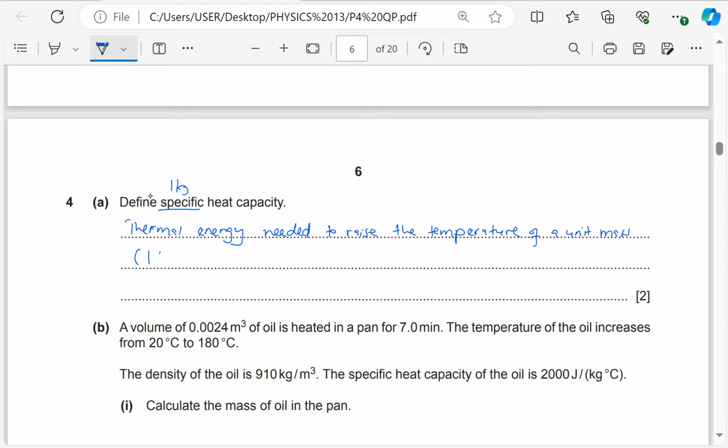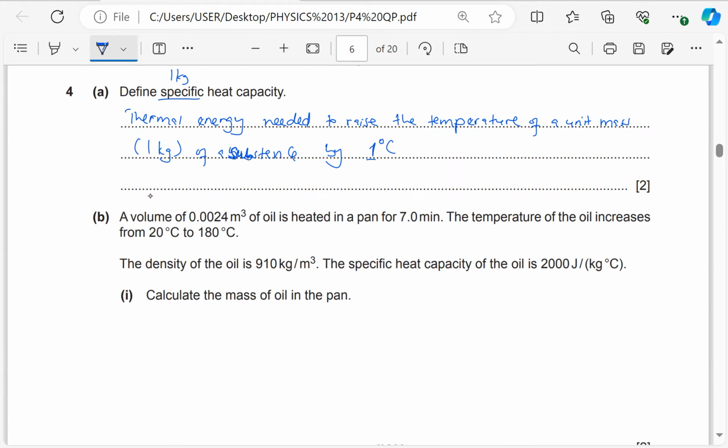When I say unit mass, I'm referring to 1 kilogram, a unit mass of a substance by 1 degree Celsius. That amount of heat which is required to raise the temperature of a unit mass of a substance by 1 degree Celsius is what we call specific heat capacity.